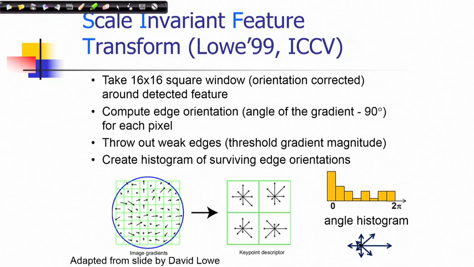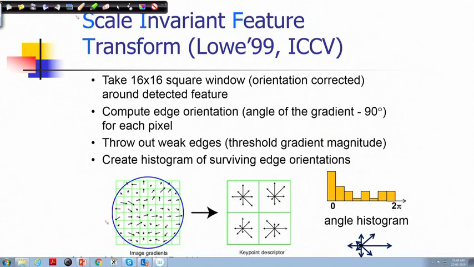In this picture, in that 16 cross 16 window, it is showing how the directions are shown at every pixel, of course in a smaller window.